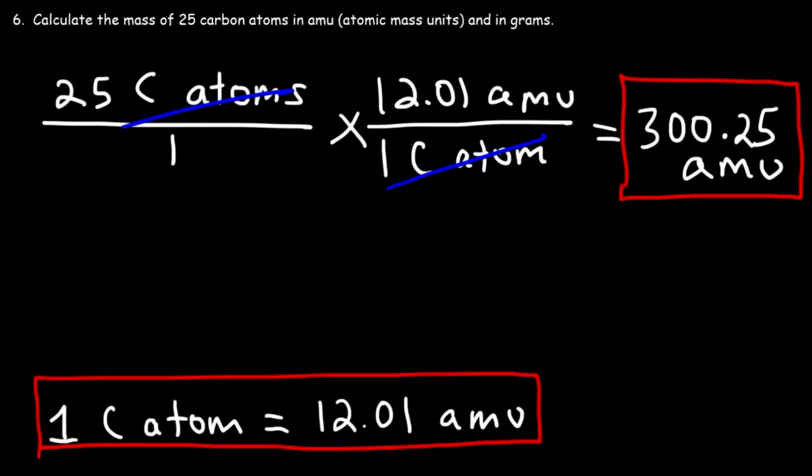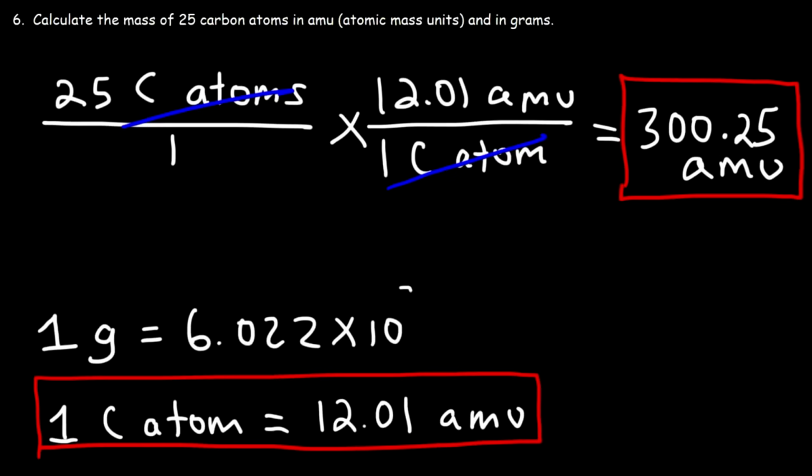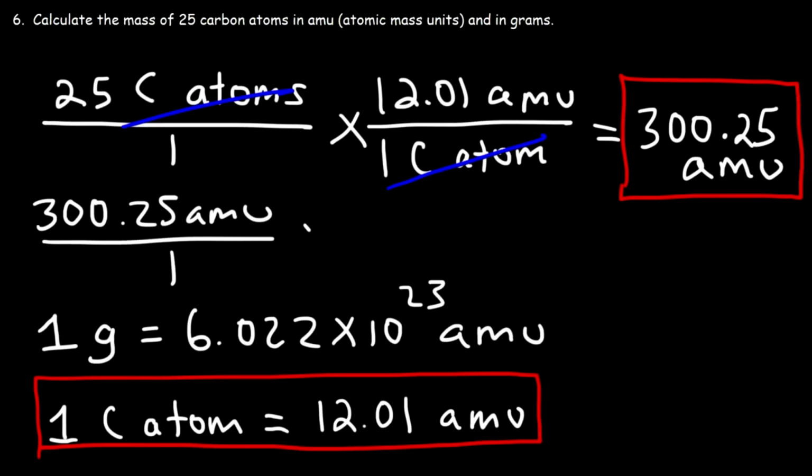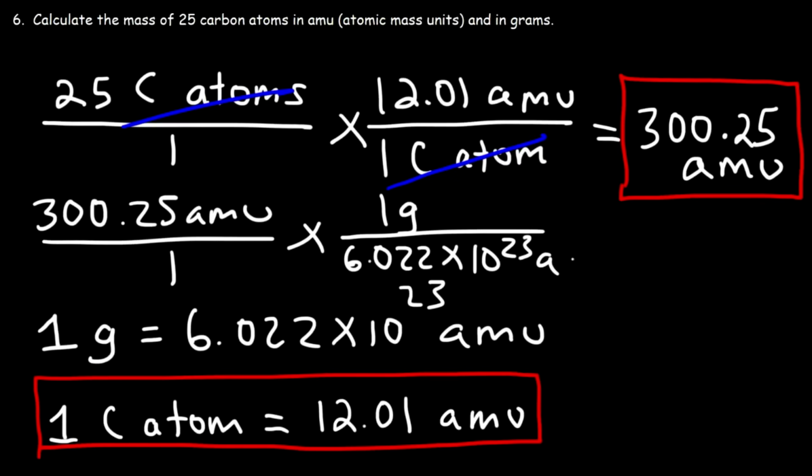Now let's convert this to grams. Another conversion factor that you want to know is that 1 gram is equal to 6.022 times 10 to the 23 atomic mass units. So what we could do is start with 300.25 AMU, and then in the next fraction, we could say that 1 gram is equal to this many atomic mass units.